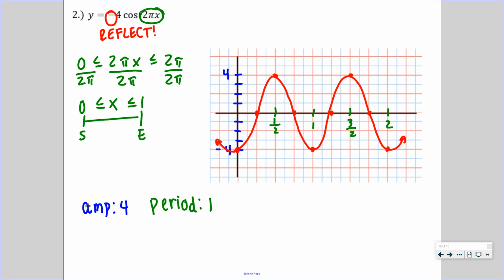Okay, so those are pretty basic examples. Now we're going to do some phase shifts where it gets a little bit trickier, but it's the exact same process. The only thing that makes this trickier is you have to be a little more cautious of scaling on your x-axis because now we aren't going to start at 0.